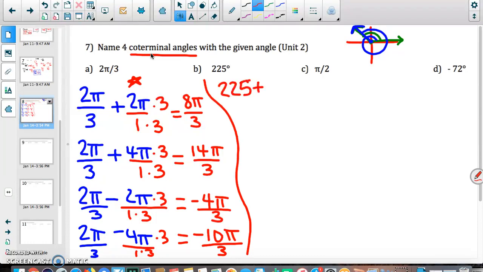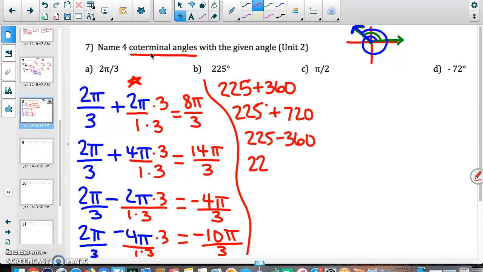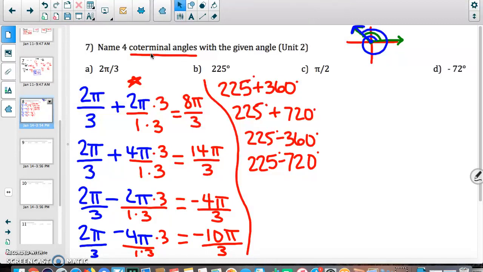And part B here, if I'm just adding 360, what would be the next multiple of 360? 720, right? And then 225 minus 360, 225 minus 720. So my degree signs. Usually students like that process just a little bit better.